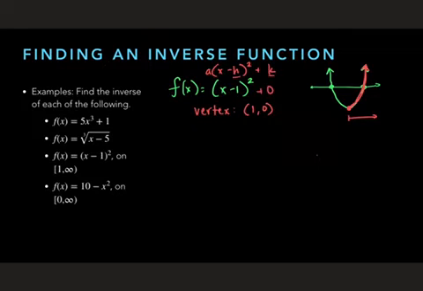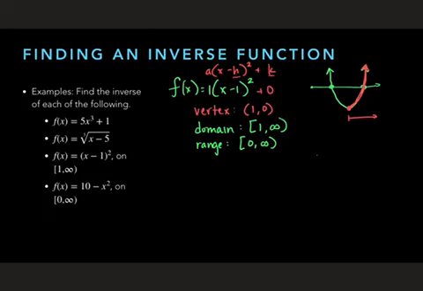First of all, it tells me that when I restrict my domain, I need to restrict it from the vertex to the right. So I'm going to go from 1 to infinity. The a value out here is a positive 1, so it's positive, which means this faces upwards. And so the range of my original function is going to be 0 to infinity.